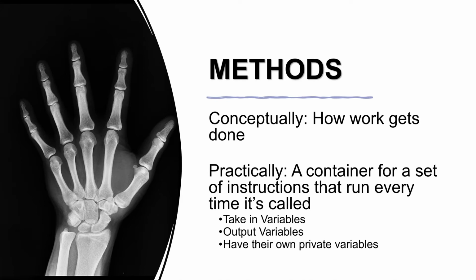So some things about methods. We can take in variables in our methods, so if we need to give it information, we can. We can output variables, so we can send out information from it. And methods can also have their own private variables inside of them that only the methods can look at and use.